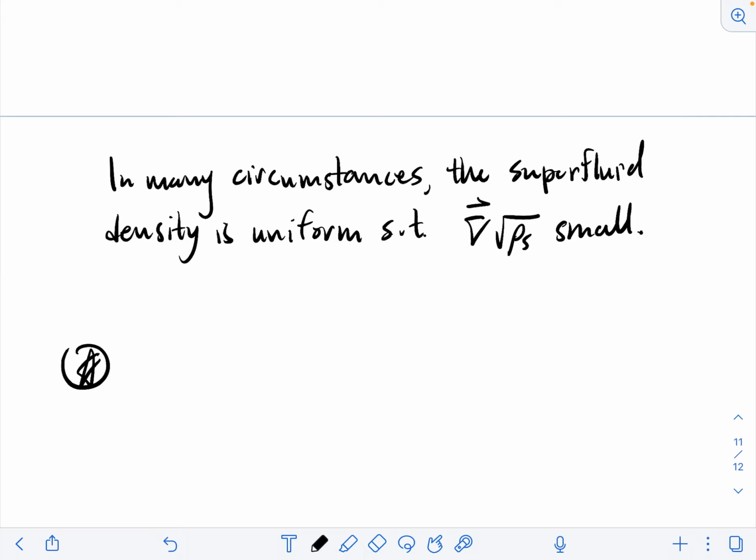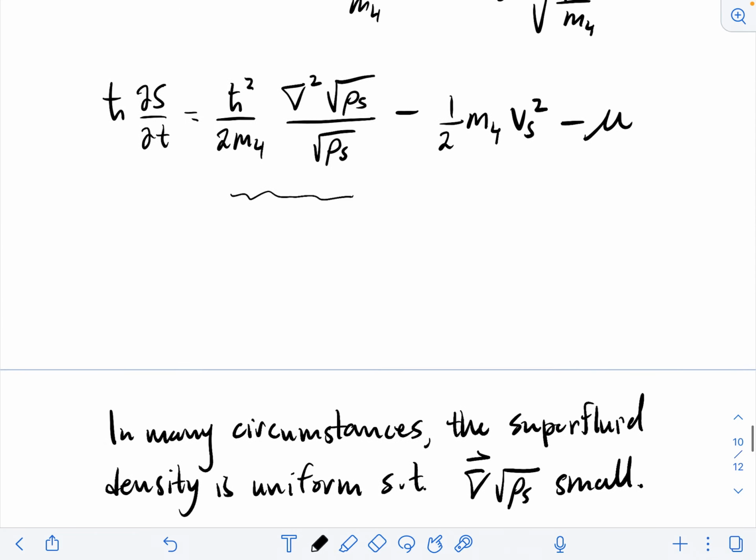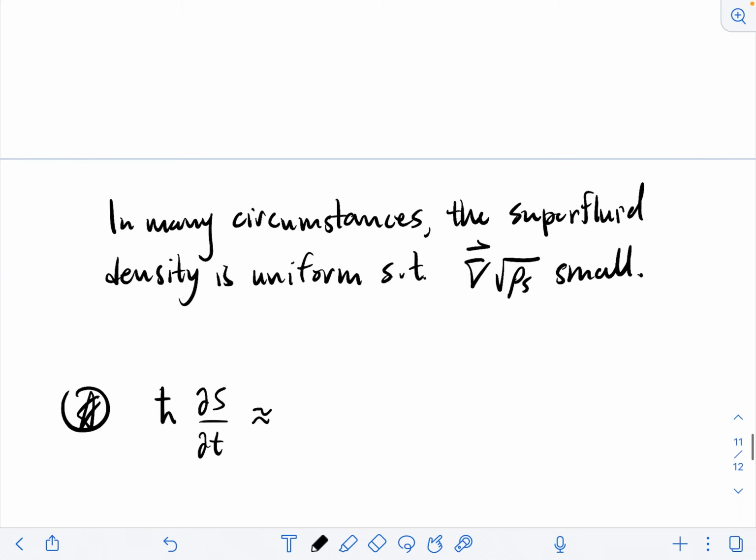What's left over is ħ ∂S/∂t is approximately, both the remaining terms are negative, so we have a minus. One of the terms is the chemical potential, and the other is 1/2 m₄ Vs squared. That looks like a kinetic energy, right? In fact, it's the kinetic energy of a single particle in the condensate.